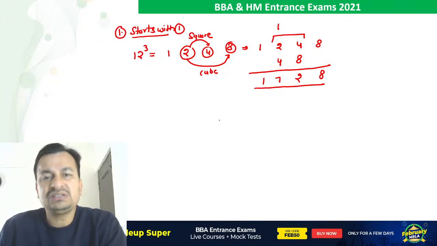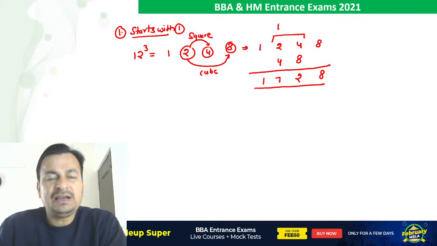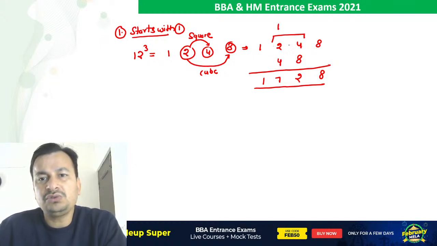Again, I am repeating once more, my dear students. If I want to calculate the cube of 12, we will write 1, then 2, then the square of the unit digit, square of 2 is 4, and then the cube of the unit digit, cube of 2 is 8. So the number becomes 1 2 4 8.